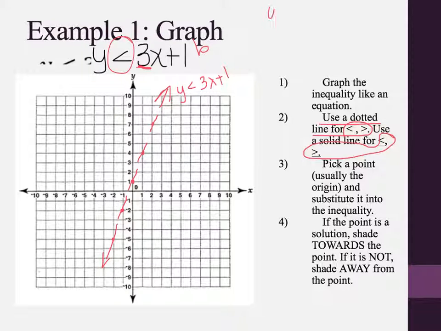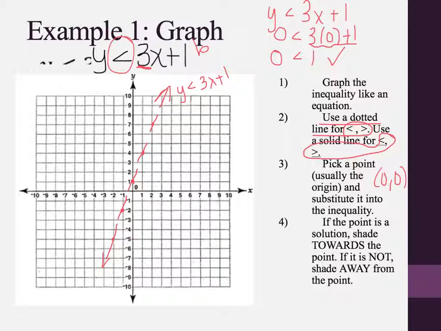So here, we'll take y is less than 3x plus 1, but I'm going to substitute 0, 0 into there. So 0 less than 3 times 0 plus 1. Well, 3 times 0 is 0, plus 1 is 1. Is 0 less than 1? Of course it is.